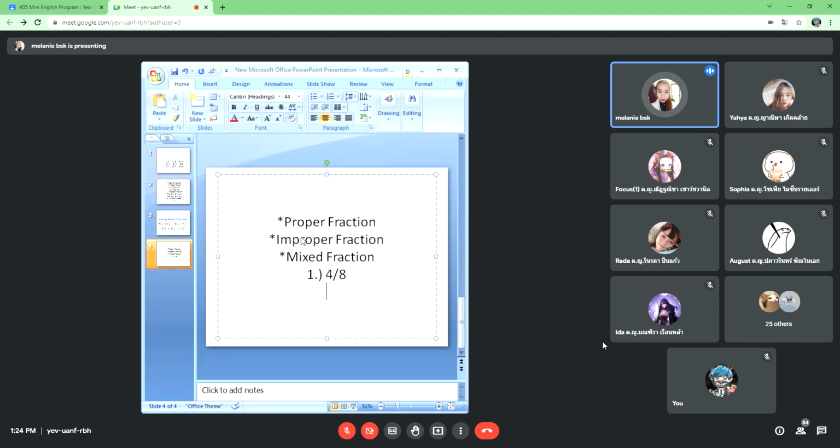What type of fraction is this? Proper fraction. Okay, how about this one? 7/3. Proper, improper, or mixed number? Improper fraction. Very good.